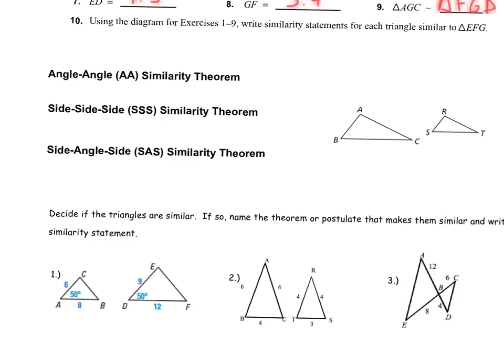So this is when it starts to get challenging, because you have to keep separate in your brain how we prove congruent triangles. Remember, that's every possibility you can think of, except for AAA and donkeys, right? Angle, side, side. For similarity, you just have these three options: angle, angle, side, side, side, and side, angle, side.